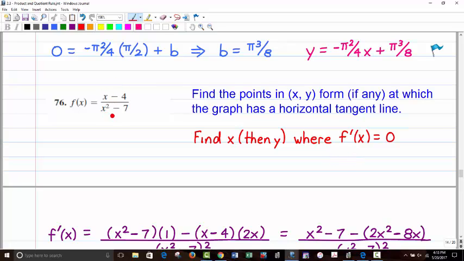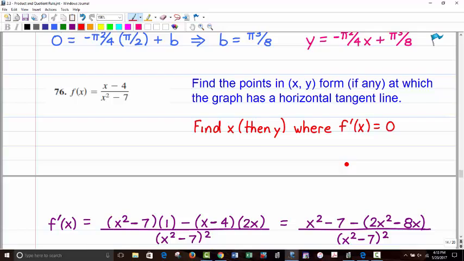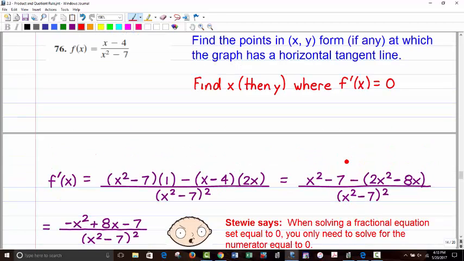Once you get the x, it won't be that difficult to plug it back in the original function to get the y. So we can see everything here now. So bottom, x squared minus 7 times the derivative of the top, which is 1, minus the top, x minus 4, times the derivative of the bottom, which is 2x, all over the bottom squared.